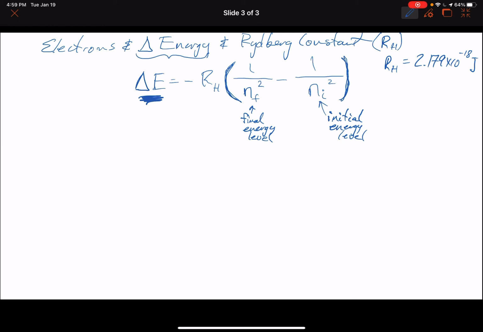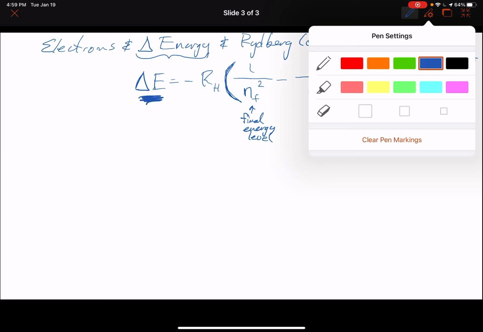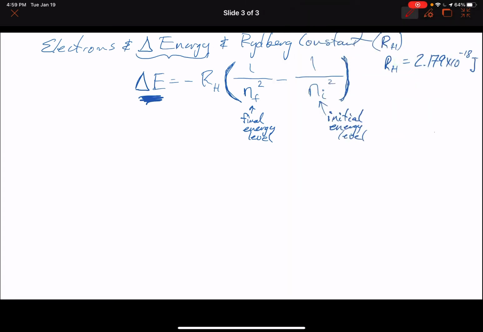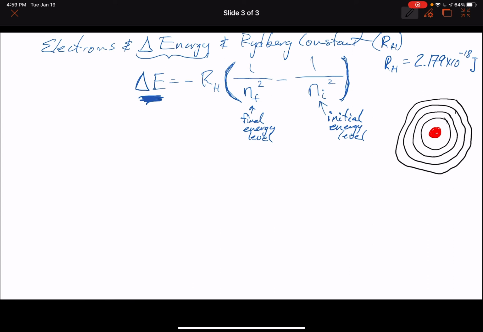Okay, so let's take a look at an example maybe to see how this works. So we'll describe a nucleus here, and we'll put some allowed orbits around it. Okay, so the closest one is n equals 1, the second is n equals 2, and we'll look at a transition where the electron will end up at the third level.